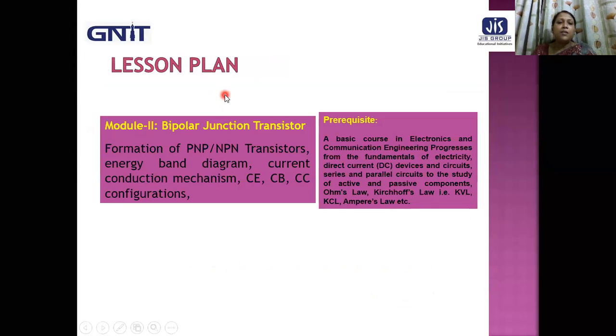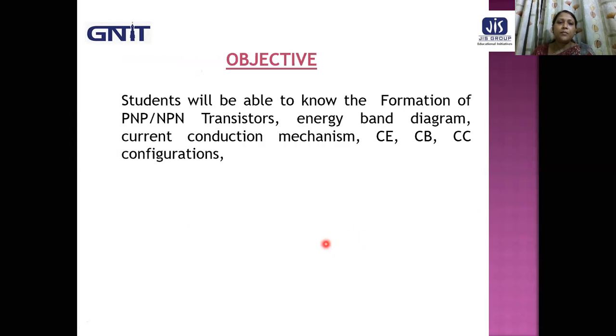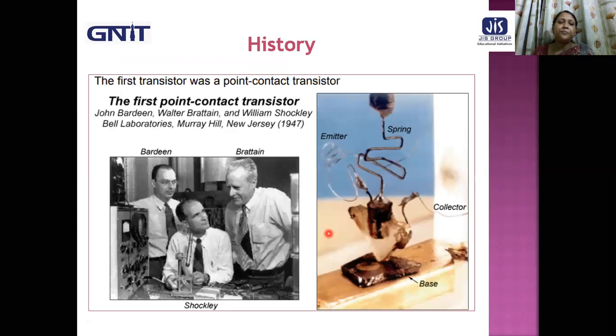The lesson plan is formation of PNP, NPN transistor, energy band diagram, current conduction mechanism of CE/CB/CC configuration. The objective of this lecture is that students will be able to know the formation of PNP and NPN transistors, energy band diagram, current conduction mechanism, CE/CB/CC configuration.